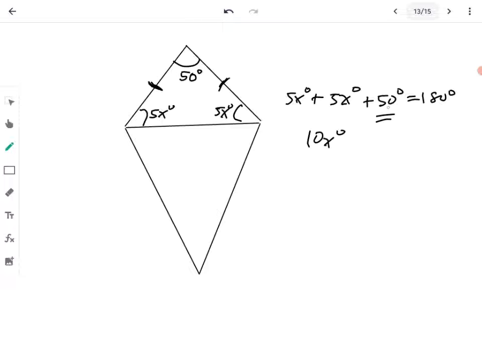Subtracting 50 from 180 gives 130 degrees. So 10x equals 130, therefore x is simply 30. What property did we use? The adjacent sides of a kite are equal.